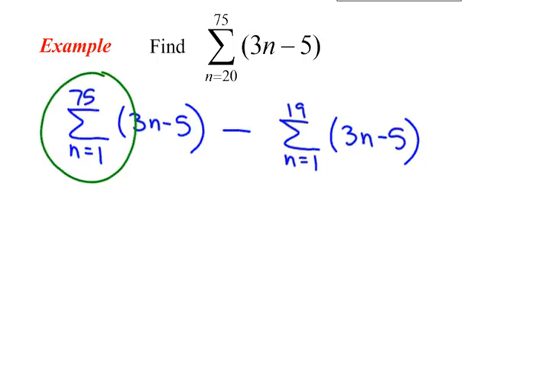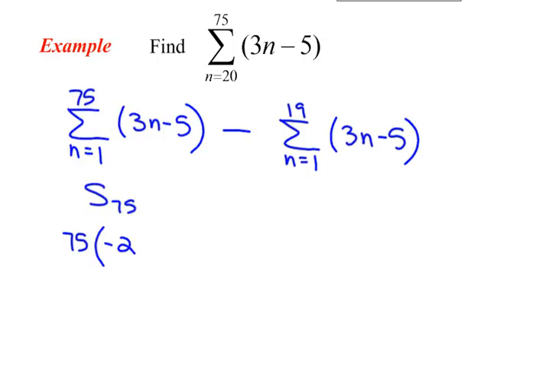And so that's the next step of the problem. So we can think of this as S sub 75, which when we plug it into our formula, n is 75. The first term, we have to plug 1 into 3n minus 5. 3 minus 5 is negative 2 for the first term.